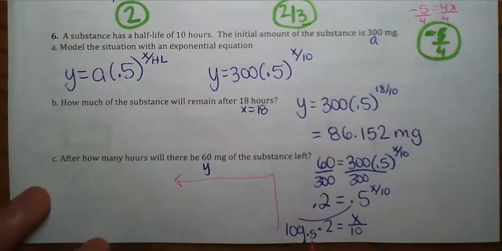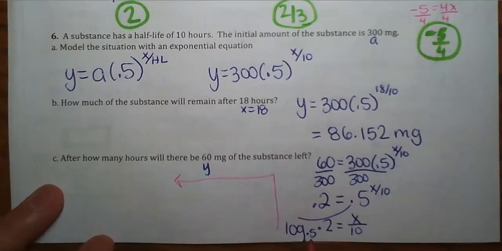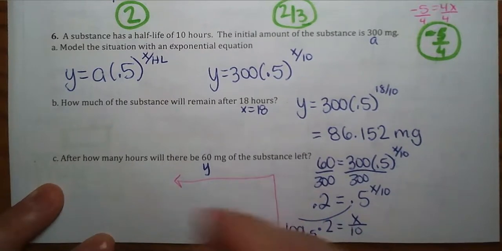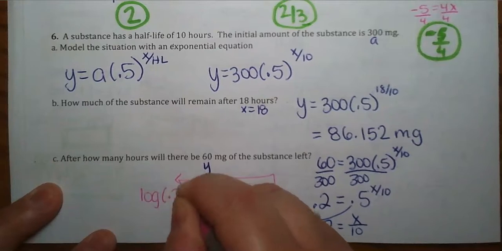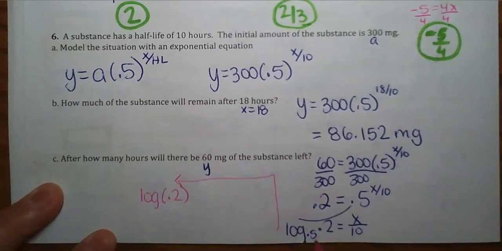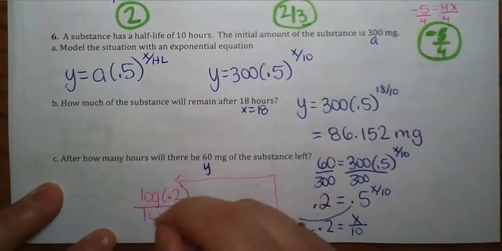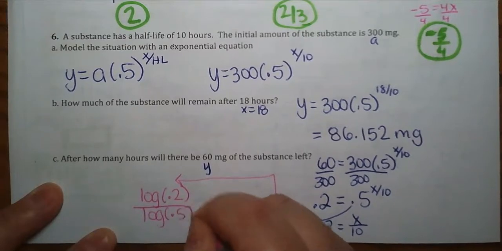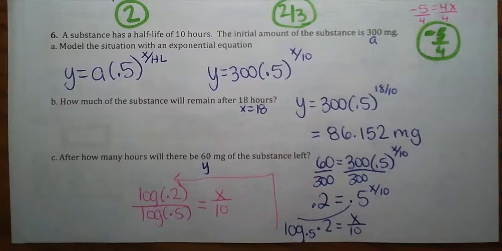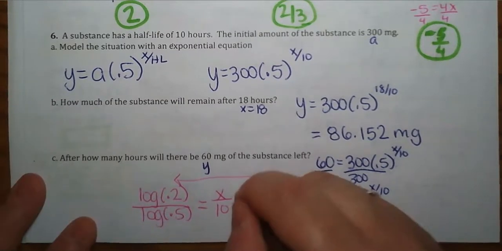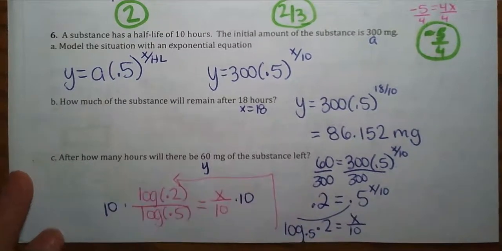I can only do base 10 on the calculator, so I'm going to convert this to base 10 using the change of base. So I'm going to do the log of 0.2 on the top, and then the log of a subscript, which is 0.5, on the bottom. That would be equal to x over 10. So I'm going to do this calculation, and then we'll have to multiply both sides by 10 to get that final answer.